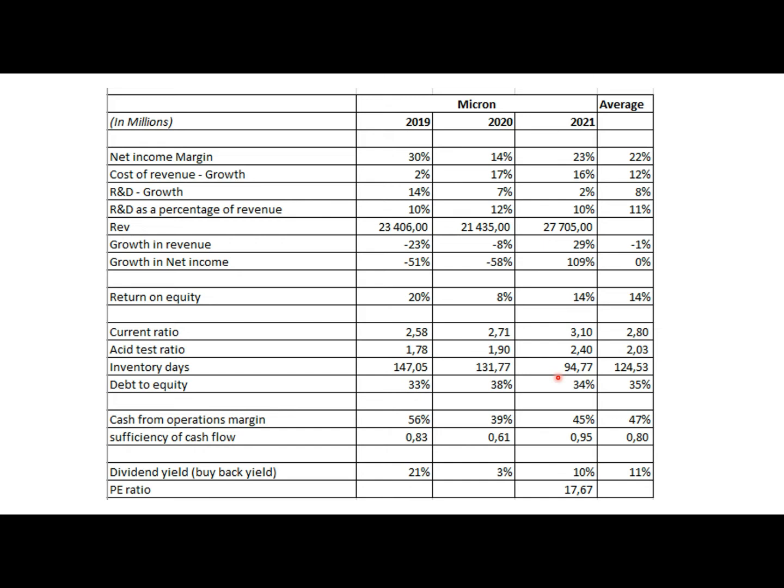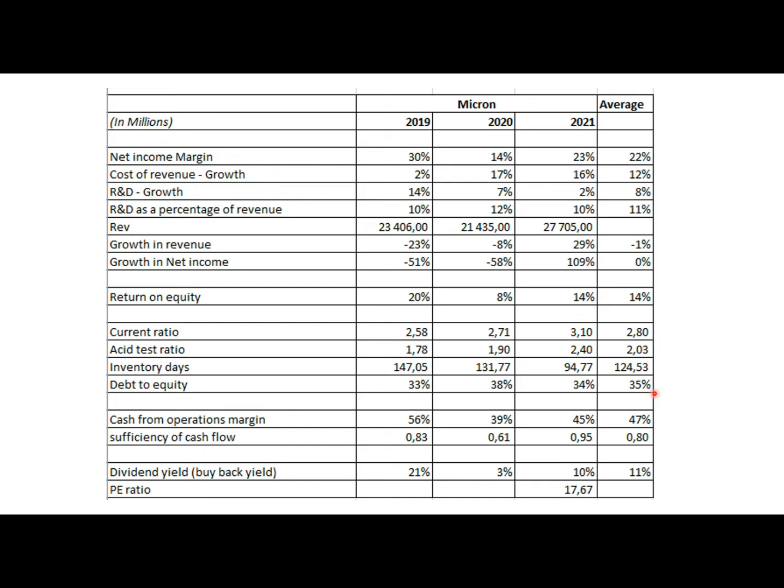From a balance sheet point of view, solid liquidity, improving inventory days, so little liquidity risk, virtually no financial risk. The company still has a lot of room available to add debt should it need to. So it's a very liquid, very low risk balance sheet that Micron has. Very impressive.